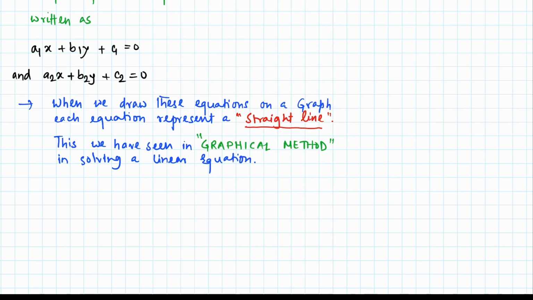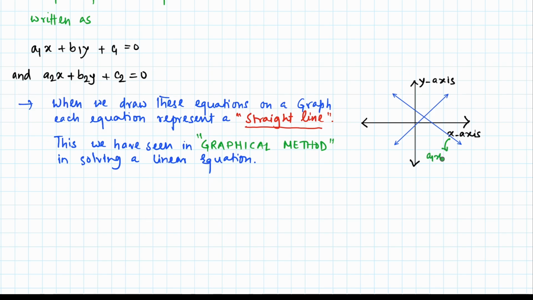We have already learned in the graphical method, while solving this pair of linear equations, that we can form the two coordinates. These are two-dimensional, so we have only the x-axis and y-axis, and we can represent these two general equations as two straight lines, which can take any form depending on the values of a, b and c.